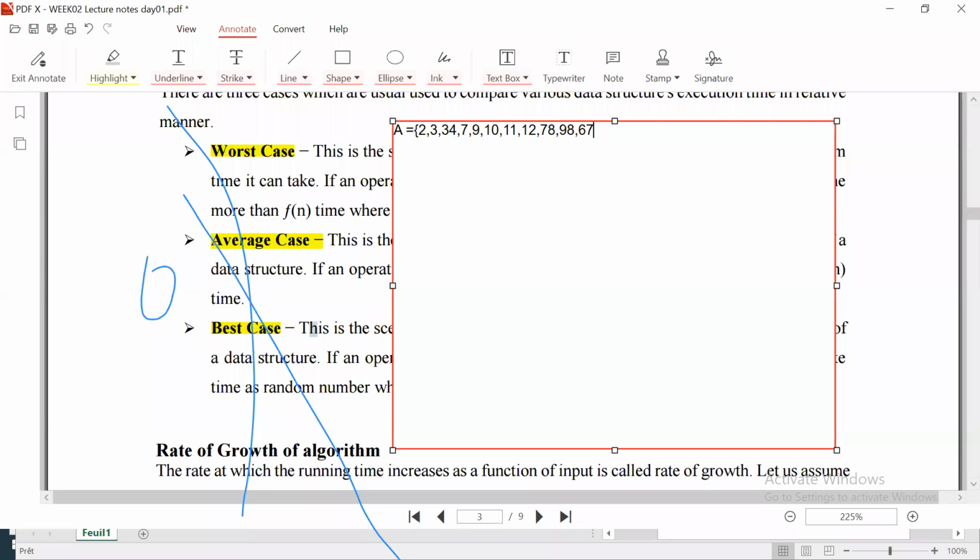If you have an array of integers with these values, and you take a linear search algorithm, and you are searching for 67, what is going to happen?